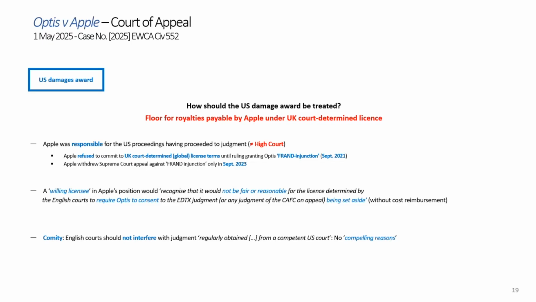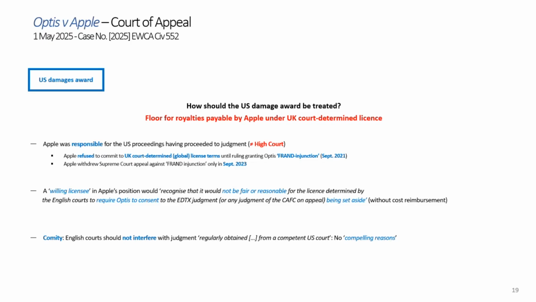On the contrary, the court also found that Apple had not been very fair in the way it asked Optis to deal with the proceedings in the US. So what Apple had suggested basically was to consent that the US judgment would be set aside. And the court said that a willing licensee in Apple's position would not have done that.